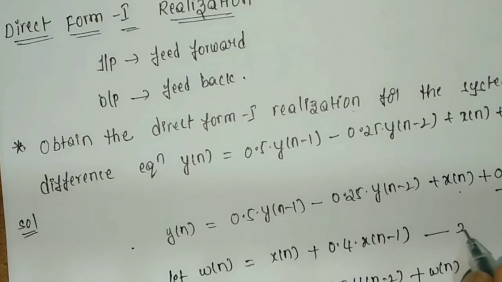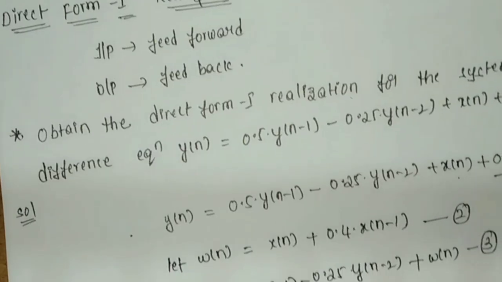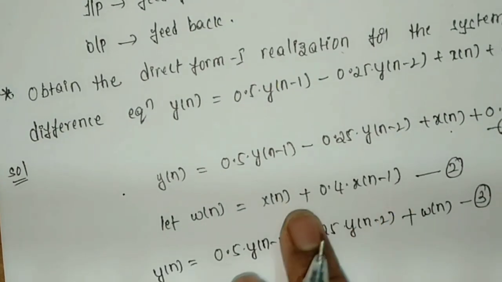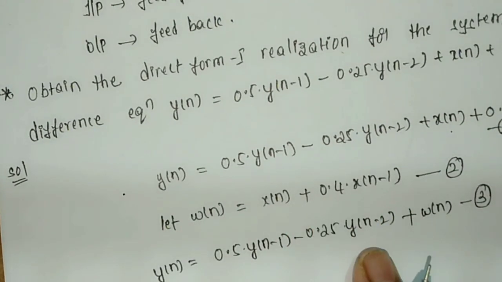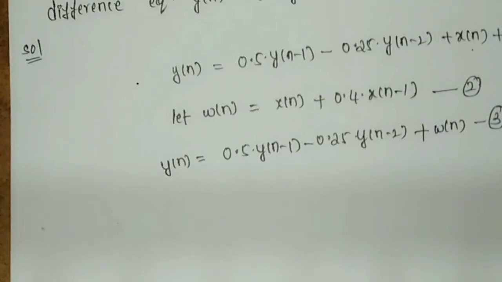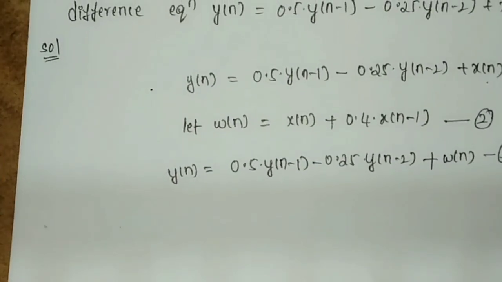This is equation number 3 and the previous one is equation number 2. Now I am going to implement equation number 2 and equation number 3 separately. First of all, I am implementing equation number 2.